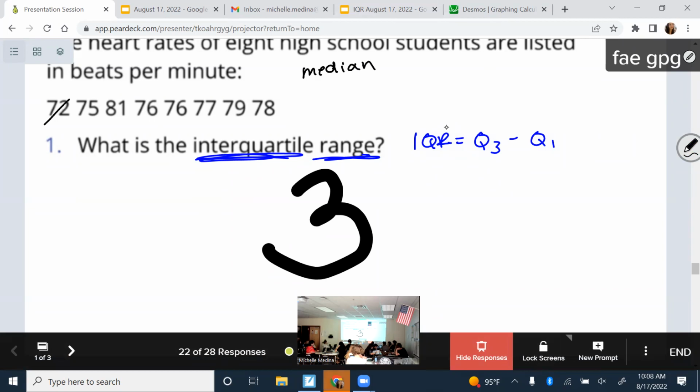Now, can I just go left, right, left, right? What do I always have to do first? Put them in numerical order. I saw some of you guys doing that, but didn't quite get to the final answer. So 72, then 75, what else?